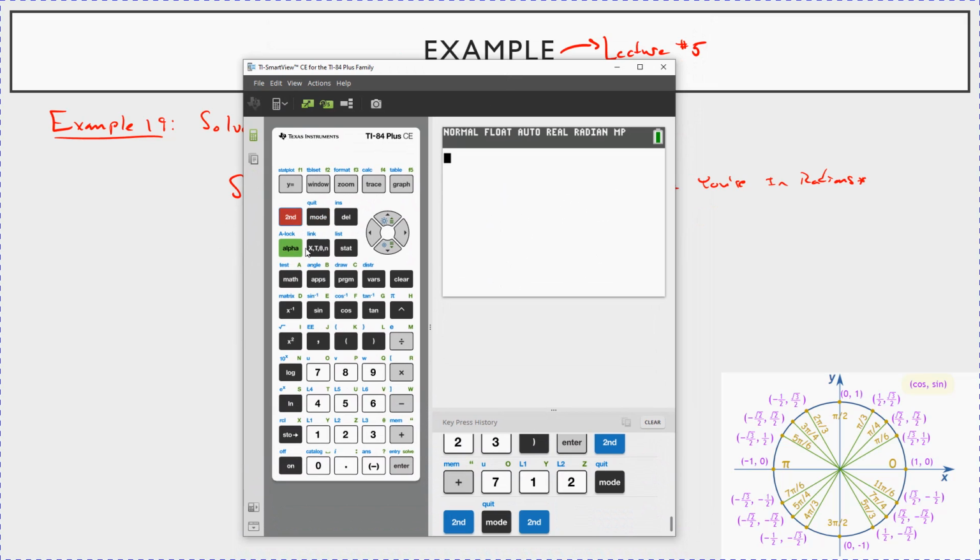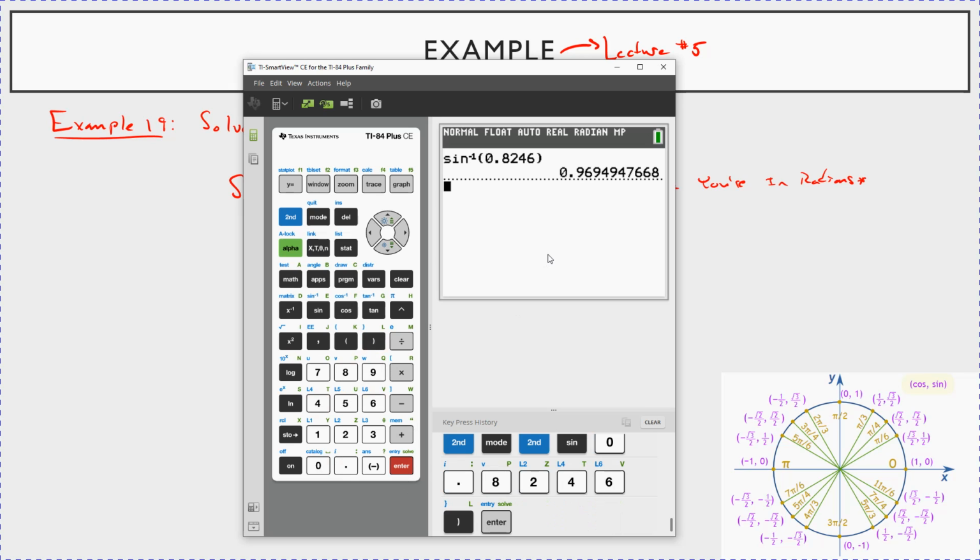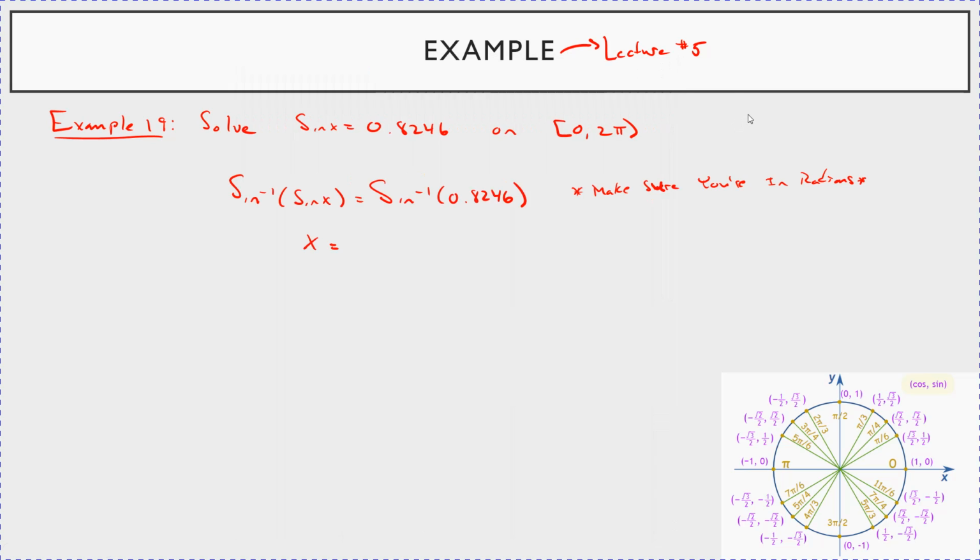I'm going to go second function inverse, 0.8246. And you're going to get this, and I'm going to round this to 4 decimal points. You're going to get 0.9695, rounded to 4 decimal points.